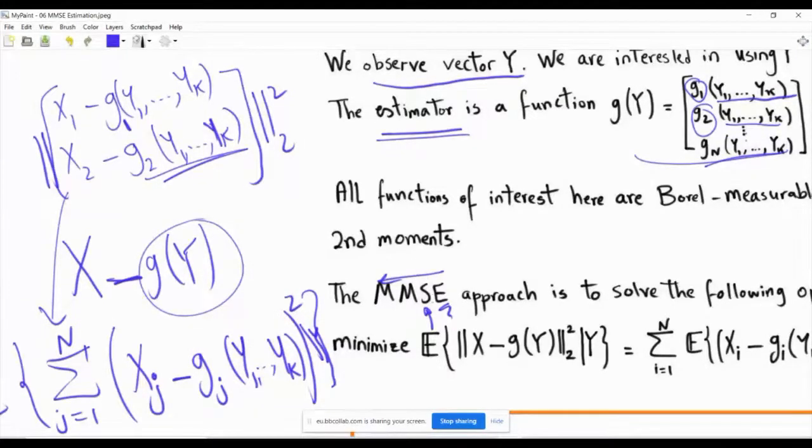You take the squared error, and then you take the mean, which means that you apply expectation given y. Again, we are conditioning on y because we are assuming that we have access to a set of observations, of measurements, y1, y2 up to yk.